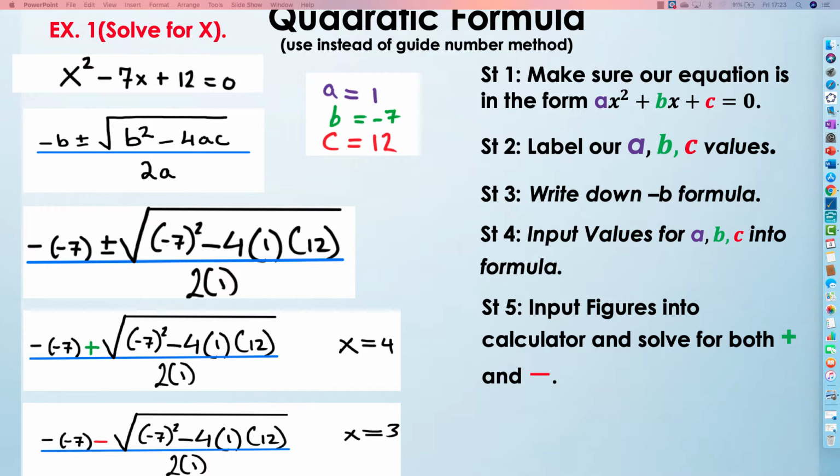Solve for me this. Solve it like that: x squared minus 5x plus 4.